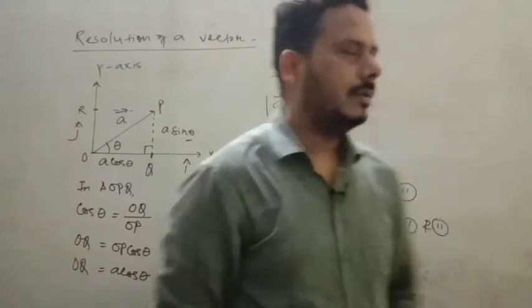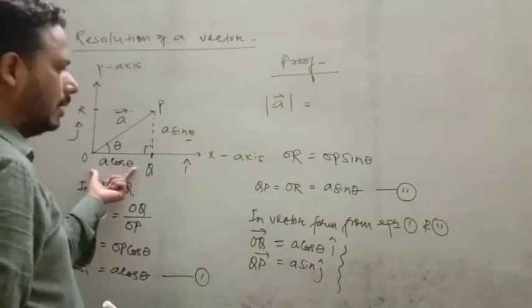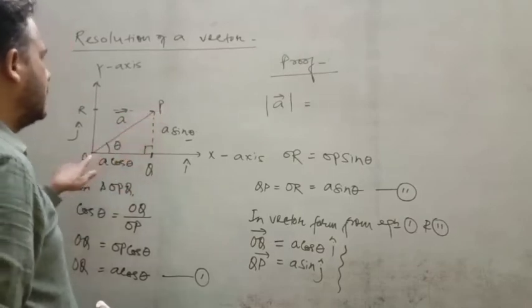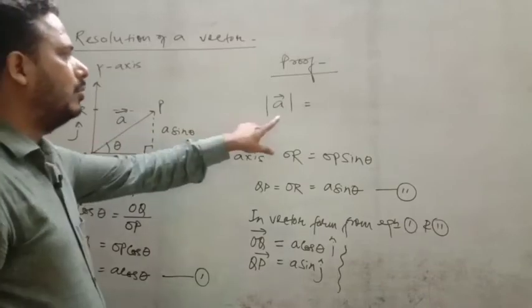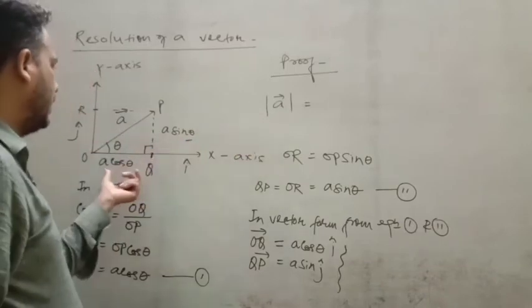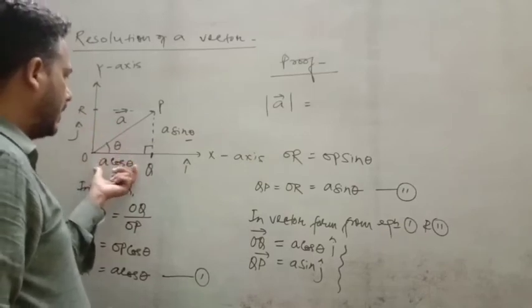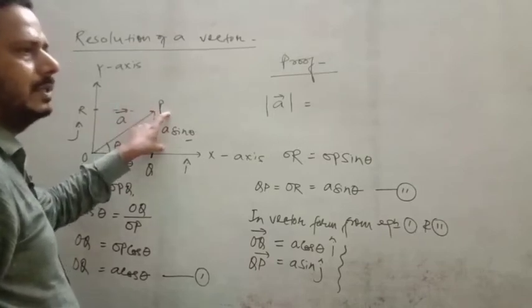Accordingly, you can see there is one component vector, there is a second component vector, and this one is just like a resultant. So the magnitude of the resultant is equal to the square of the magnitude of one component of the vector, and the square of the magnitude of the other component.